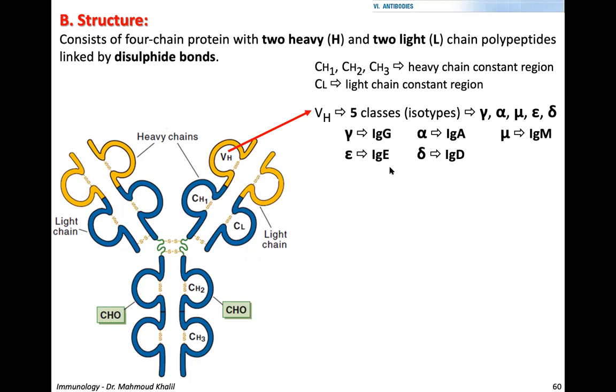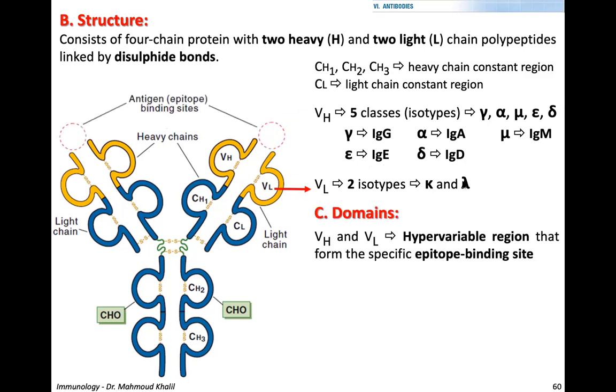That's why the names came about. So gamma gives the IgG, epsilon gives the IgE, and so on. For the variable light regions, you have 2 isotypes, either kappa or lambda, I guess.